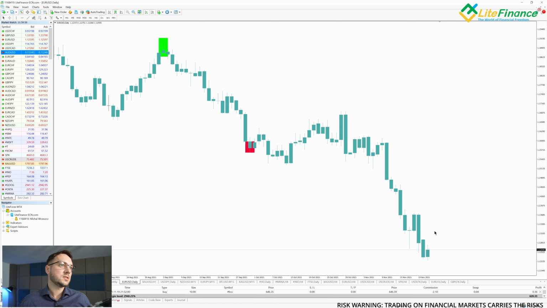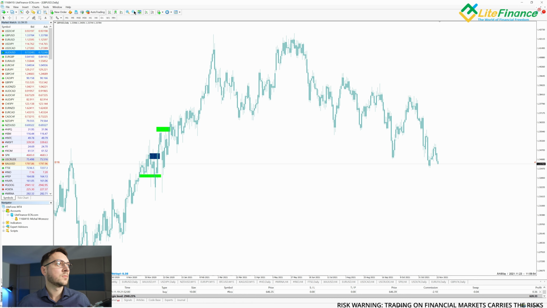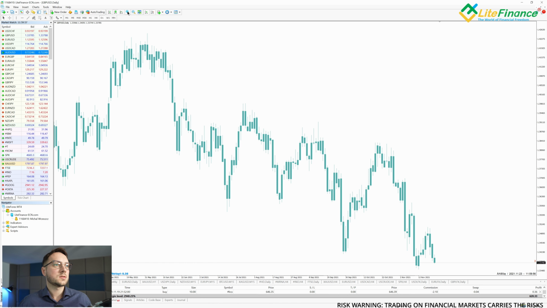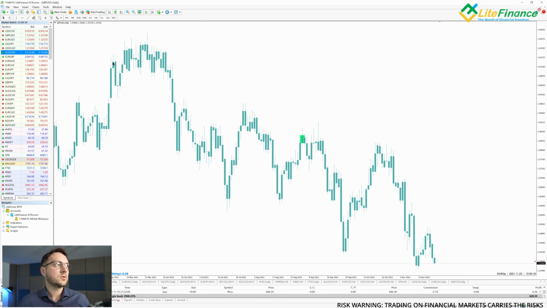So let's check, for example, pound USD. So again, let's zoom in. Let's look for the 3rd of September, and it is over here. So let's mark that. Make it green.